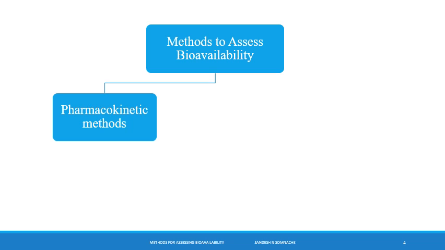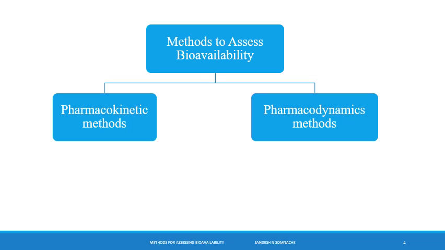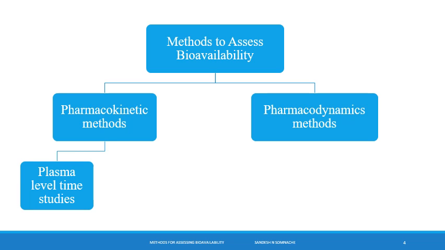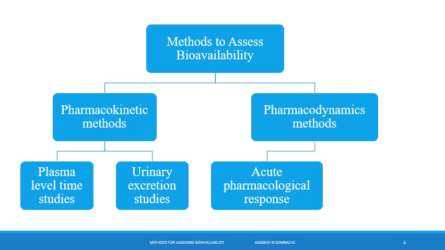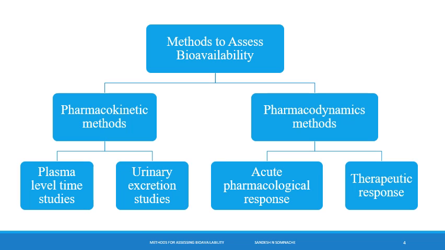So we can use any suitable method, like a pharmacokinetic method or a pharmacodynamic method. Pharmacokinetic methods include plasma level time studies and urinary excretion studies, while pharmacodynamic methods include acute pharmacological response studies or therapeutic response studies.